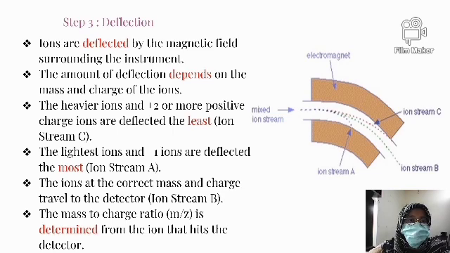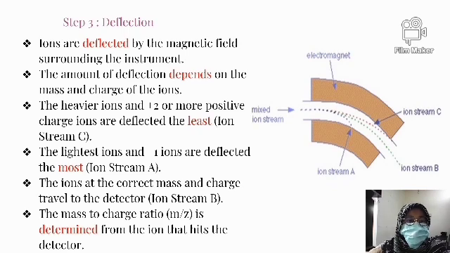In the deflection step, ions are deflected by magnetic fields surrounding the instrument. The amount of deflection depends on the mass and charge of the ion. The heavier ions and ions with 2 plus or more positive charge are deflected the least, which you can see here, the heavier one.